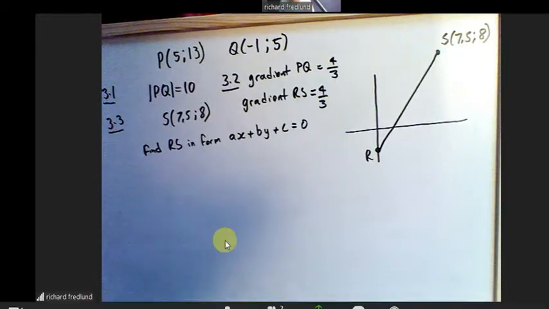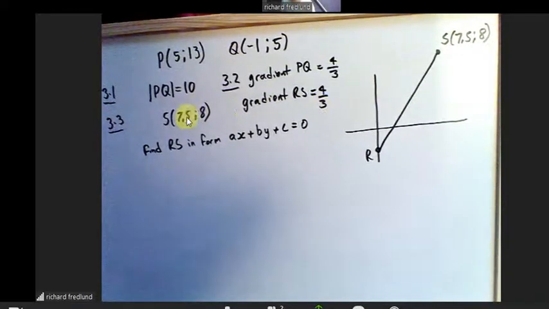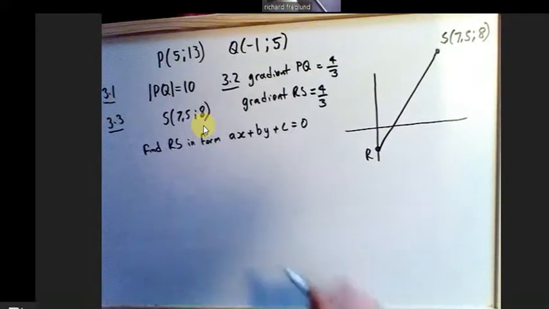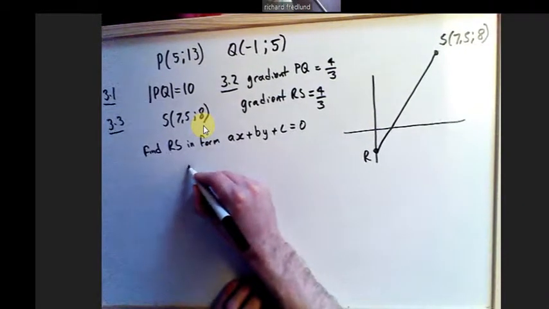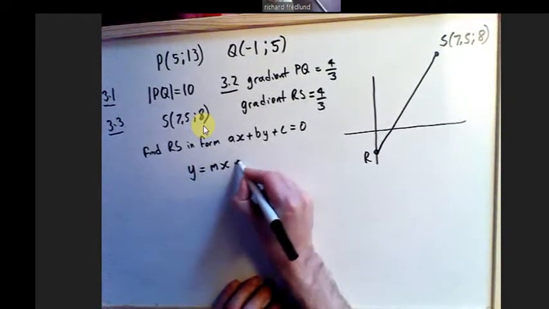Question 3.3 is asking us to find the equation of this line RS in the form AX plus BY plus C equals 0. Okay, we've got this information that we know the gradient of RS is 4/3, and we know this coordinate. So this is enough to solve the problem. So let's start with what we know as the equation of a line, y equals mx plus c.